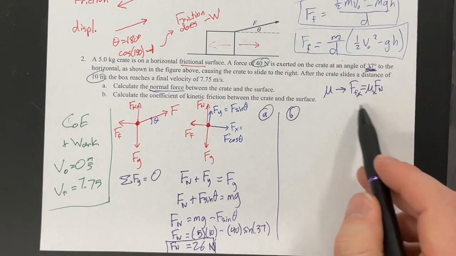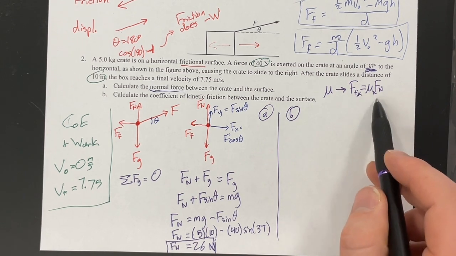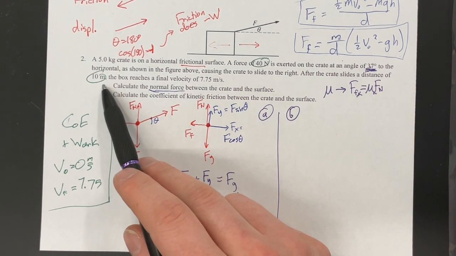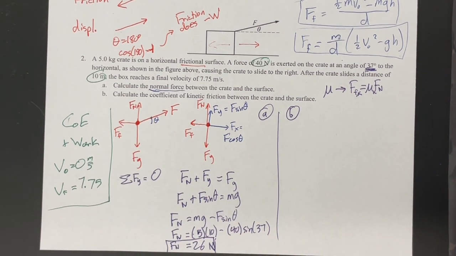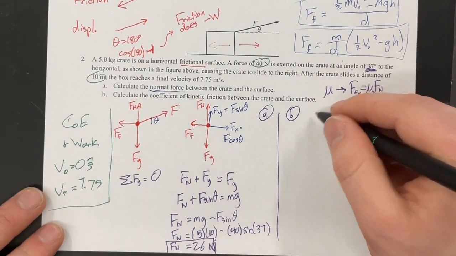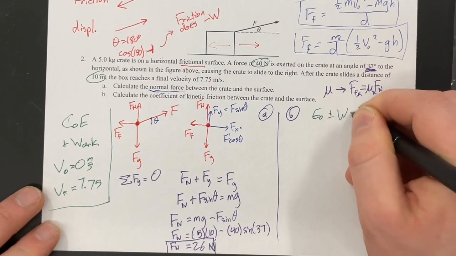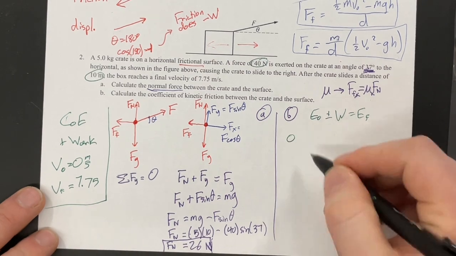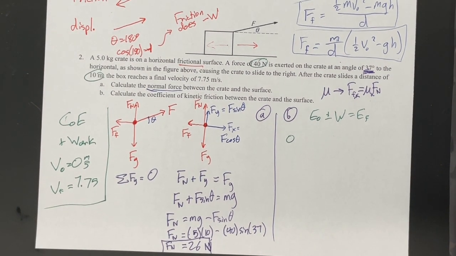So we're trying to relate forces based on velocities and distances. That's where we get this conservation of energy. So then conservation of energy, right, it's E naught plus or minus work equals E final. We start with 0 energy, starts at rest, at its lowest height.